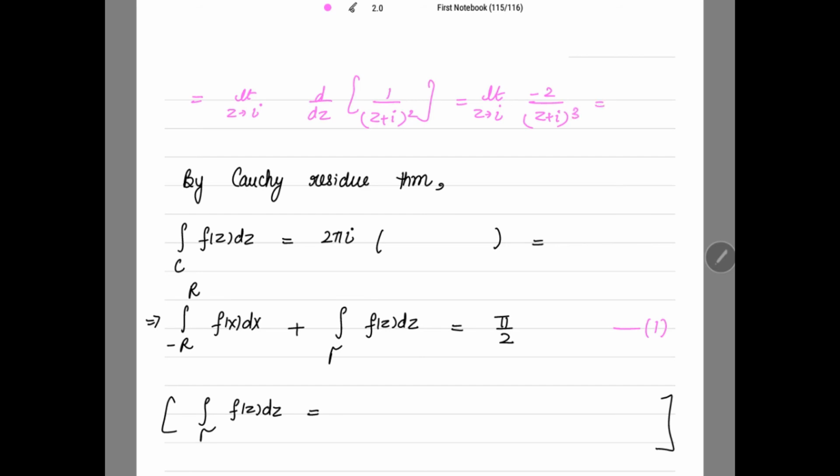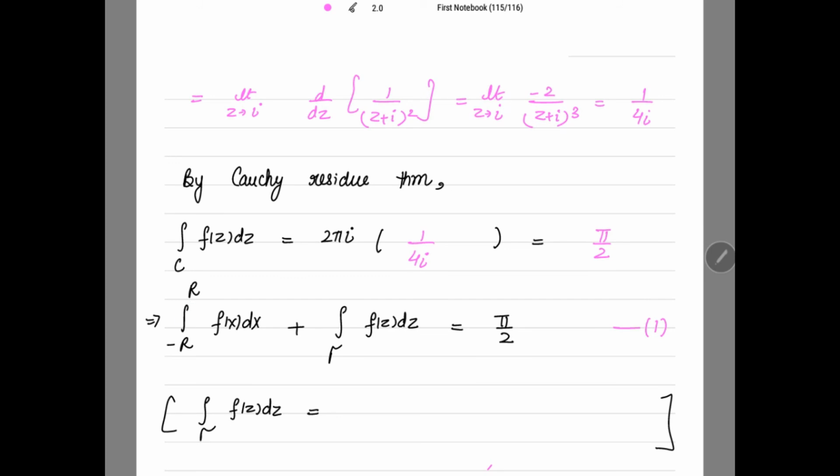And when you put z = i over here, you get 1 over 4i. Right? Now by Cauchy residue theorem, this integral over C f(z) dz is equal to 2πi times the residue. And the residue is 1 over 4i, which is equal to π by 2.